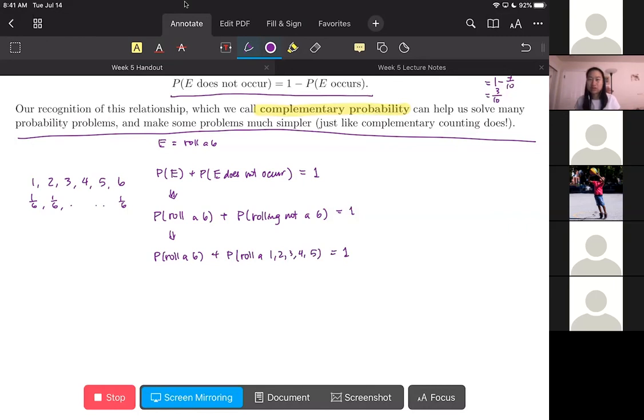So I can show some examples of that next, because in both of these examples, it's pretty easy just to think, okay, I'm just going to count it. But let me show some examples where it's a lot easier to think about the complement.